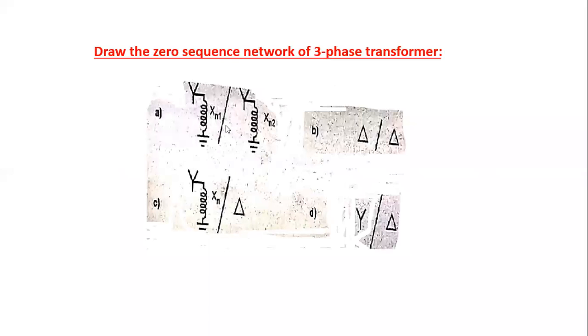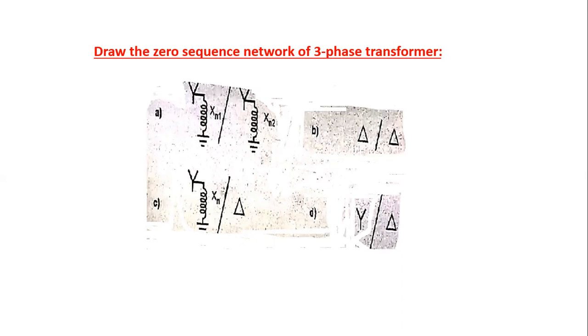In case A, we connect the star with grounding reactance at the neutral. In the second case we connect the delta, the third case is star with reactance grounding, and delta connection, and the fourth one is the star delta connection.